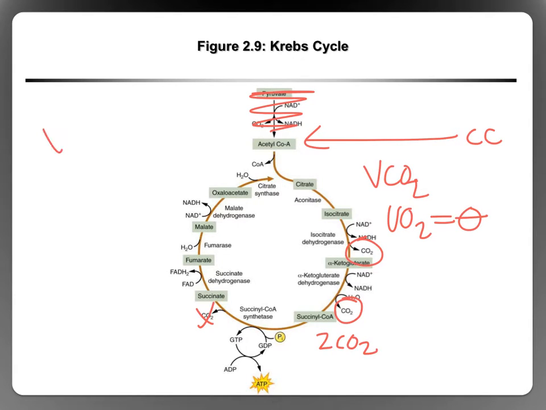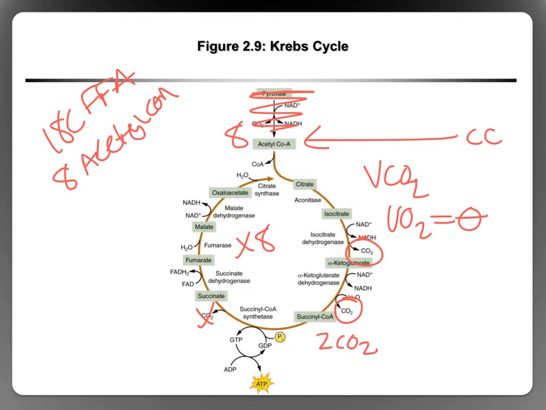But with a 16 carbon FFA, we end up with 8 carbon pairs, so 8 acetyl-CoA. So we go through 8 times. So 16 CO2.